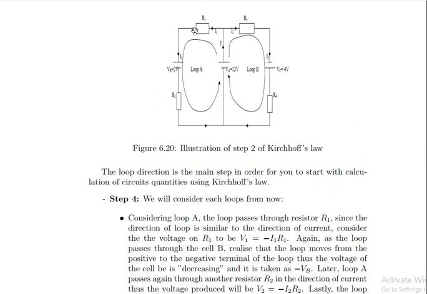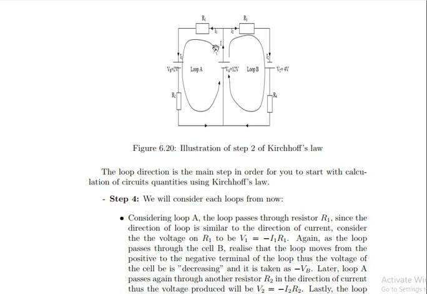In this loop A, we need to note that since current flows in the same direction as the loop, it implies that the voltage dropped on this resistor is going to be negative. These are different principles that are going to be considered in step 4.